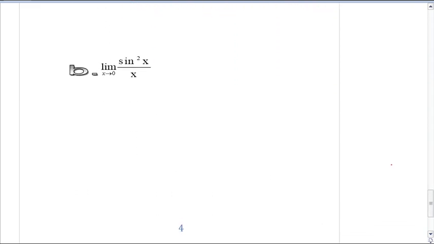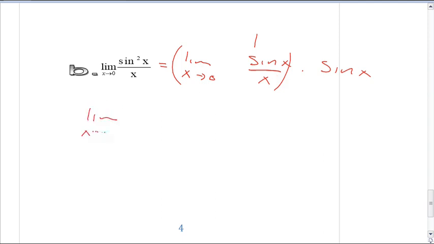Let me scroll down here. Okay, almost done here. If I rewrite this, I get limit as x approaches 0 of sine x over x times sine x. Okay, I have my property right here, which makes 1. And then if I evaluate, and this is really a trig property, but this is also a limit property, meaning if I have limit as x approaches 0, I can basically split this into 2 different limits.